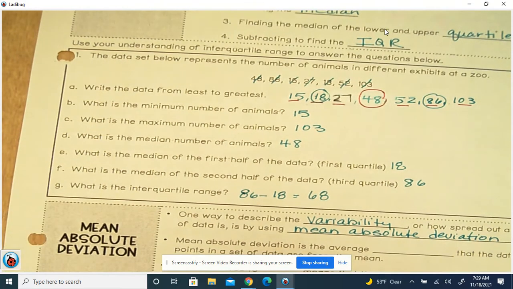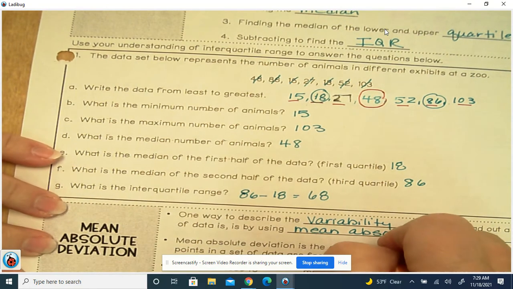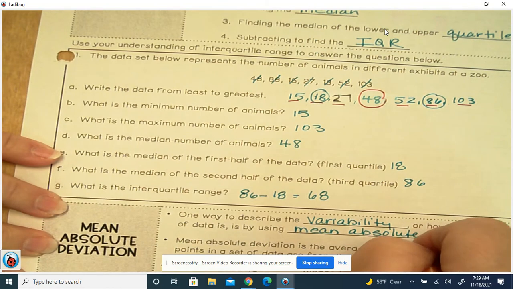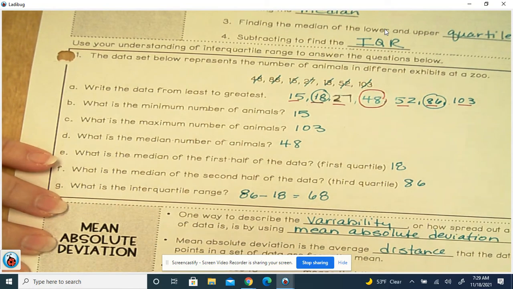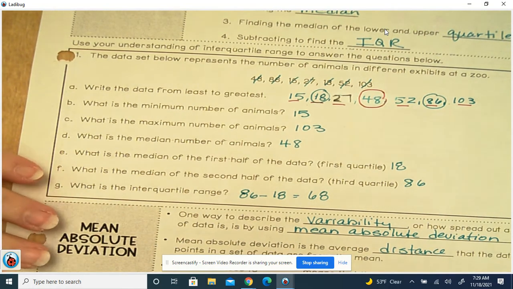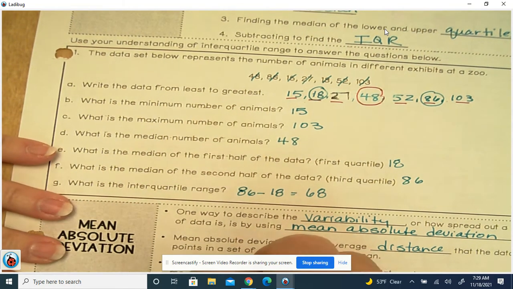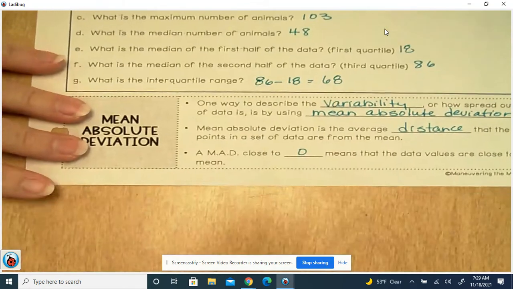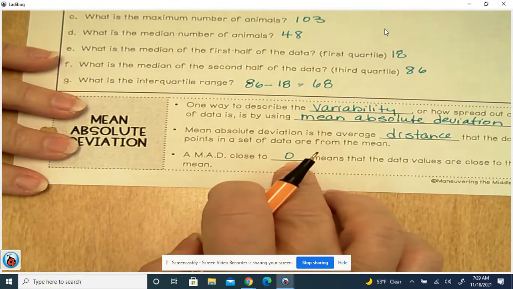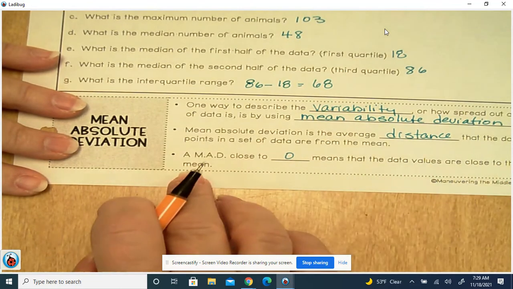Mean absolute deviation is the average distance that the data points in a set of data are from the mean. A MAD close to 0 means that the data values are close to the mean.